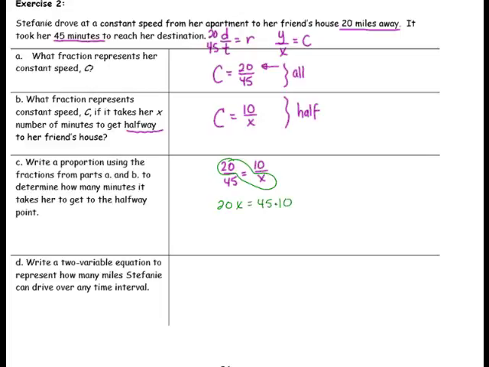Pause the video and solve for x. Simplify by multiplying, then divide by the coefficient. X is equal to 22.5 minutes. How far did she go in 22.5 minutes? She went halfway, which is 10 miles.